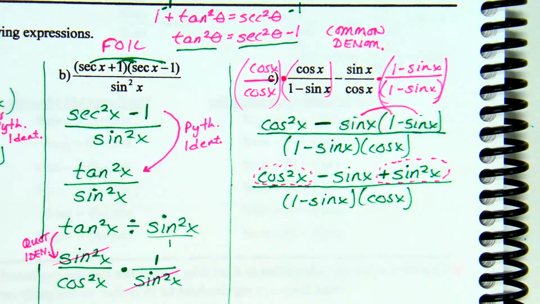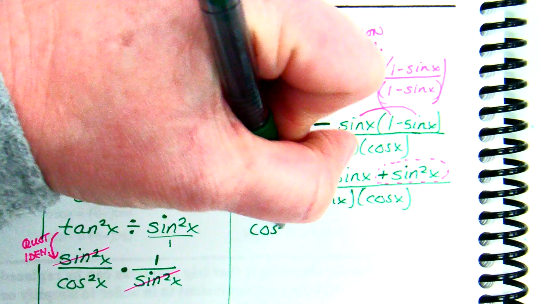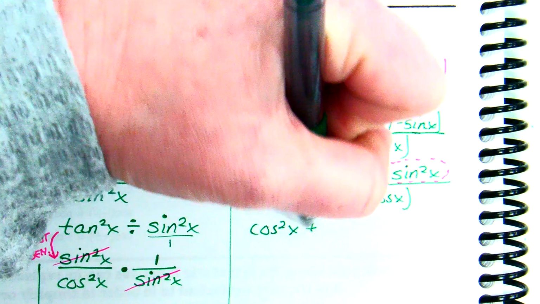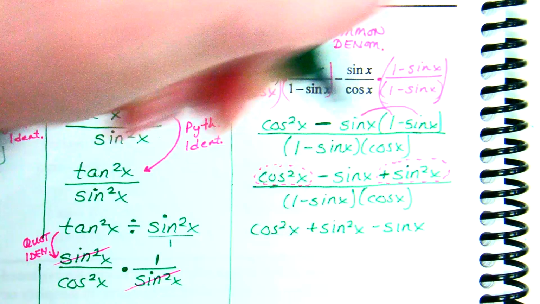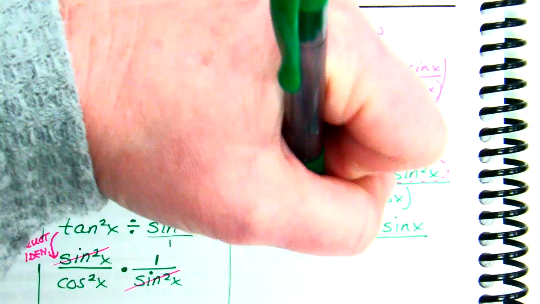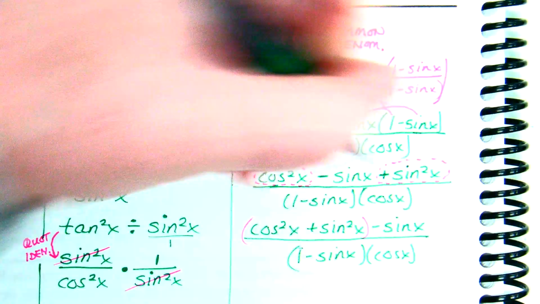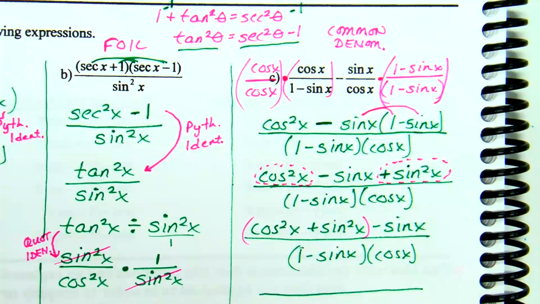Now, if you want the visual, and I'm going to do it for the sake of the notes, you can just go ahead and take those both out and put in a 1. What I'm going to do is just reorder it before I do that. So cosine squared x plus sine squared x minus sine x. And the point of that is that cosine squared x plus sine squared x is going to be replaced with a 1 because of the Pythagorean identity.